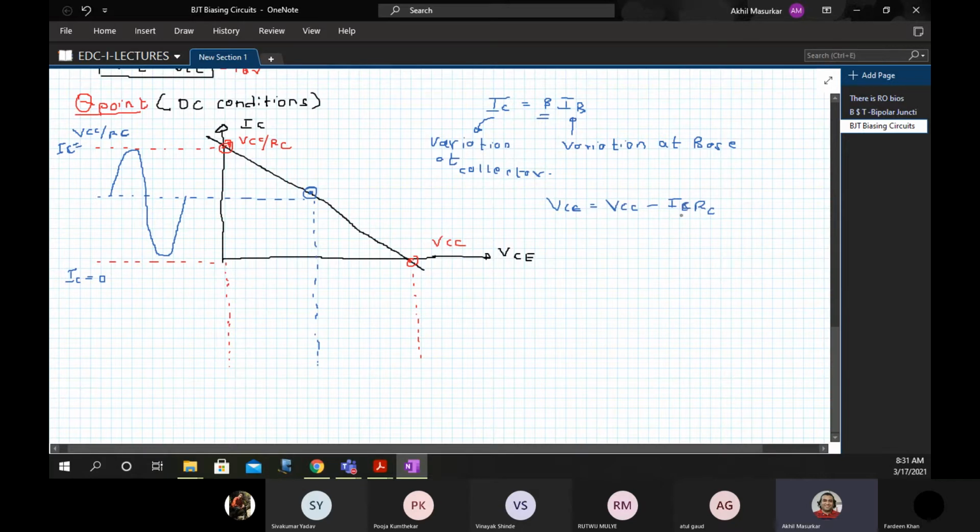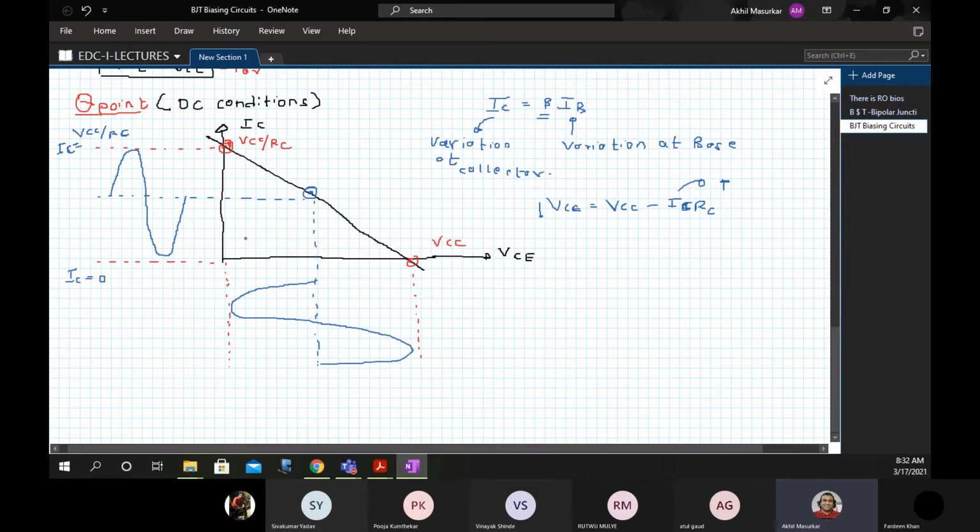So if collector current increases, then VCE is going to reduce. When the current tries to increase, the voltage will try to fall.